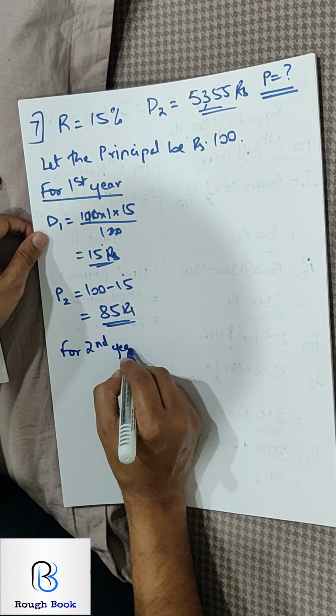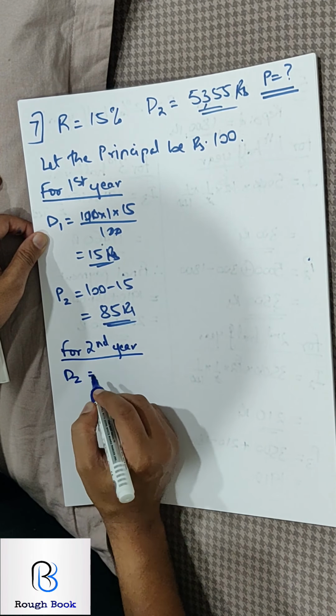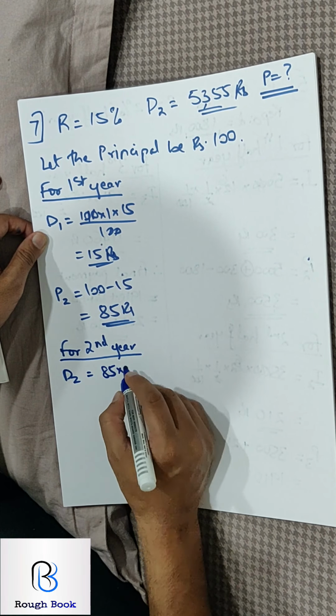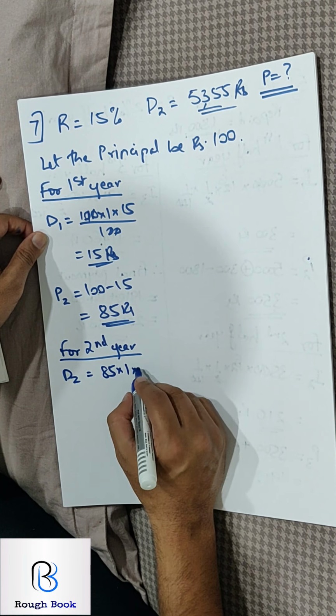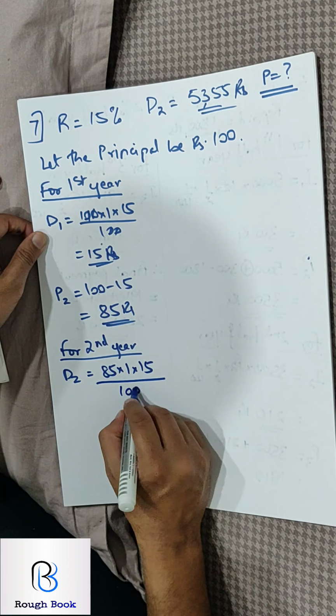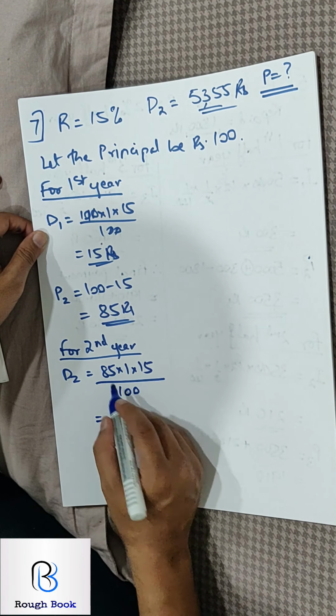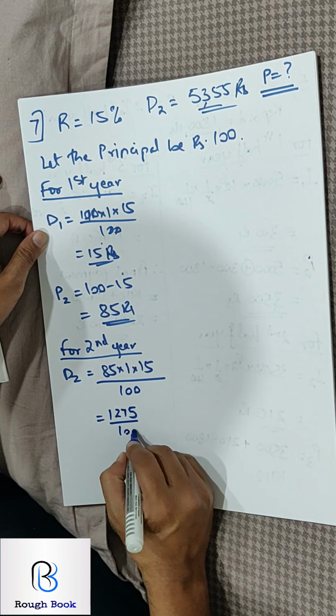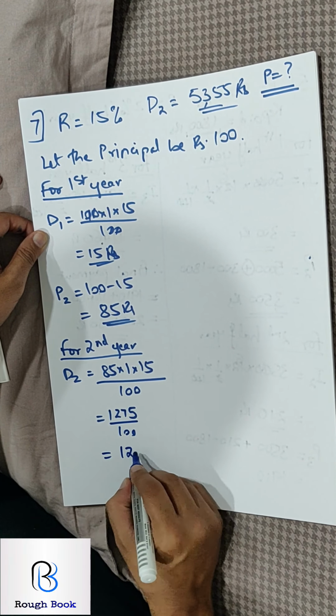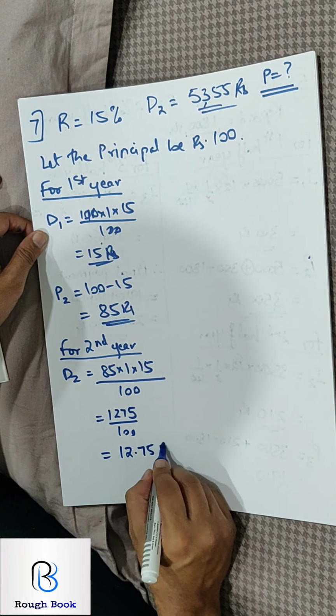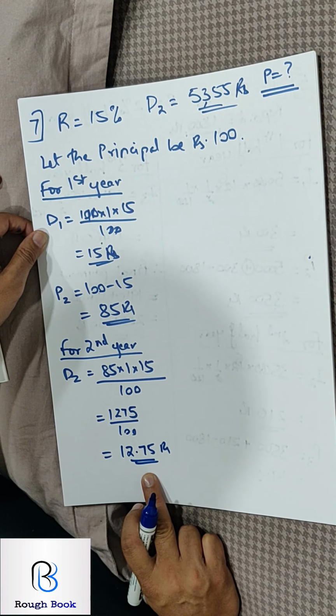So for second year, D2 is going to be 85 into 1 into 15% divided by 100. So let's multiply. 15 5s are 75, 15 8s are 120 and 7 carried is 127, divided by 100. So it becomes 12.75. That's the depreciation for the second year.